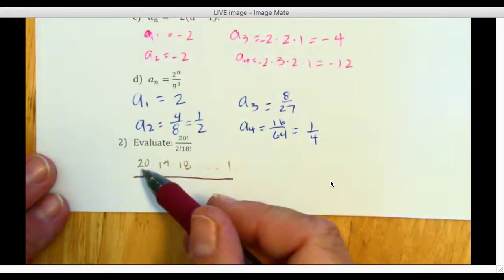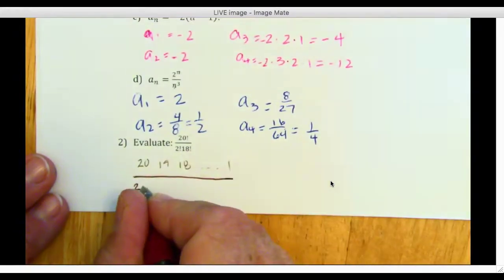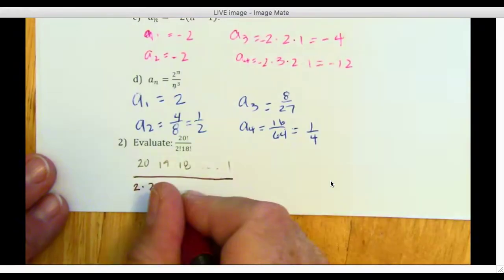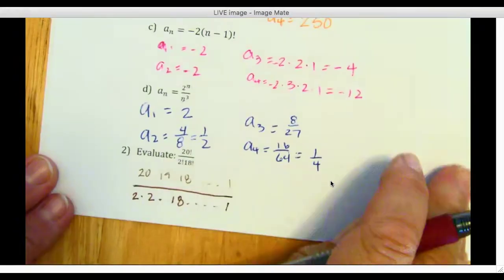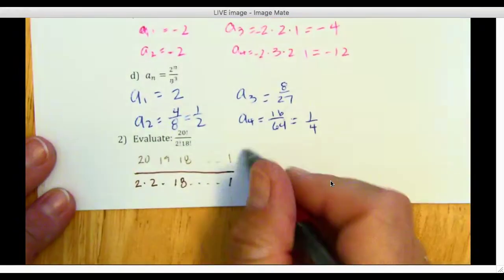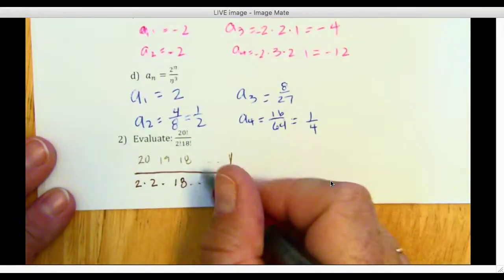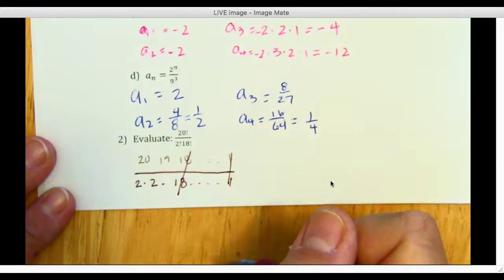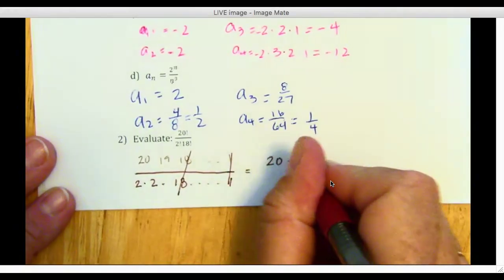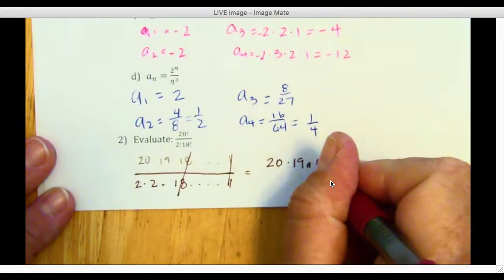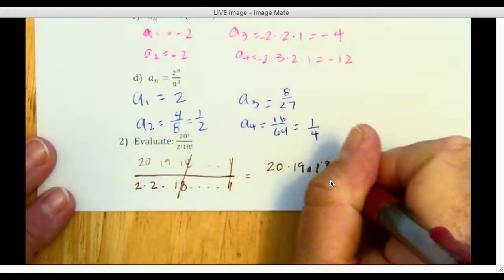So we have on bottom 2 factorial, which is 2 times 1. And then we have 18 factorial, which is 18 all the way down to 1. If I were to write out all of those numbers, the ones would cancel, 2s, 3s, 4s, all the way to 18. So rather than writing it like that, we can write 20 times 19 times 18 factorial.